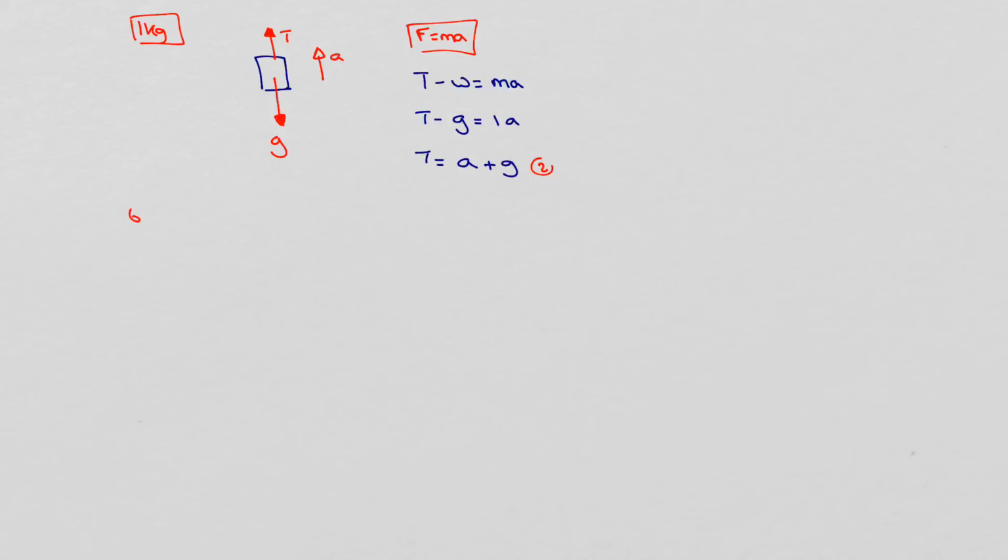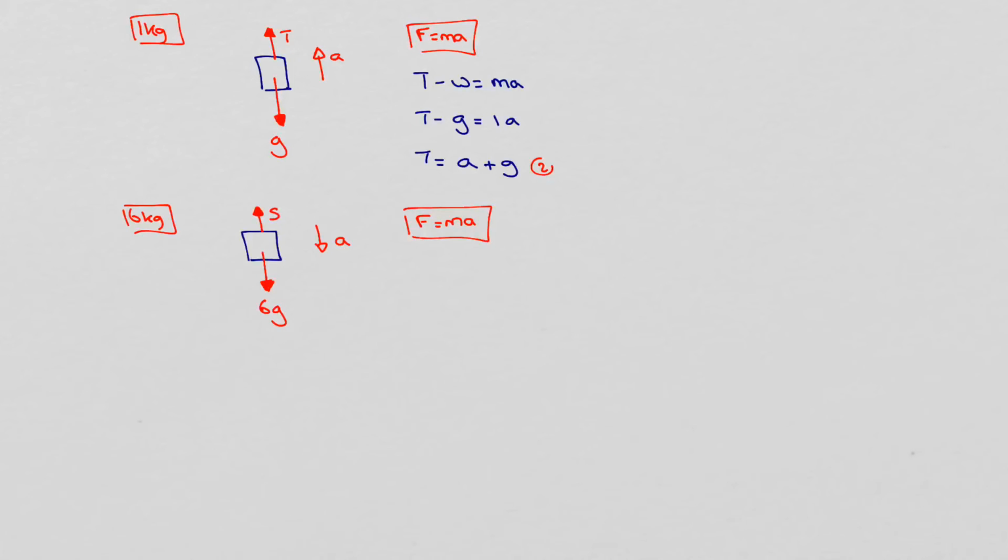So my third particle, so my third force diagram is going to be for the 6 kg. And the 6 kg, again, only has 2 forces acting on it. So the tension, making sure this time it's S, not T. And the weight of the particle, so gravity acting on it, will give it a downward force of 6g. And it's accelerating down this time. So again, only vertical motion.